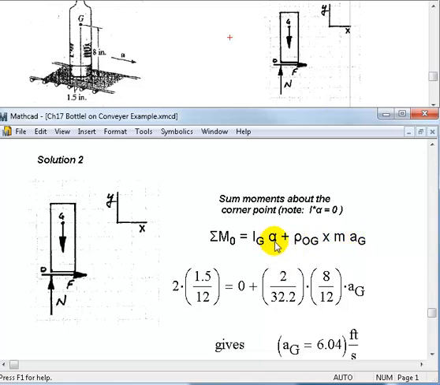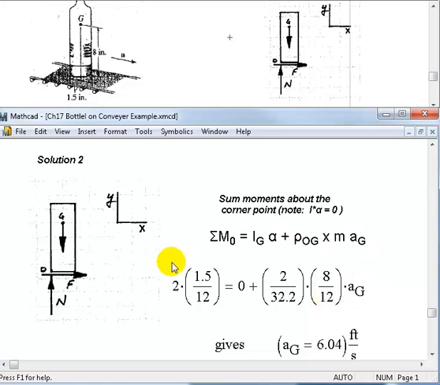Well, in this case, since we are not tipping, the alpha term is 0, but the moment of the acceleration of the center of gravity, and since the acceleration of the center of gravity is horizontal and to the right, that moment is going to be a right-hand rule positive moment, and so we have the mass times acceleration, a mass of 2 over 32.2. The acceleration is unknown, and our moment arm will be a distance of 8 inches divided by 12 to convert to feet.